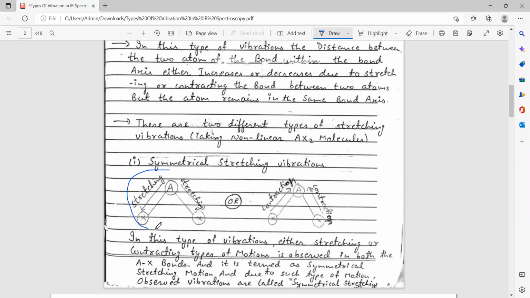You are seeing that I'm just stretching this bond in this manner. As you are saying, symmetrical stretching means you have to stretch the bonds in the same direction and with the same phenomena.